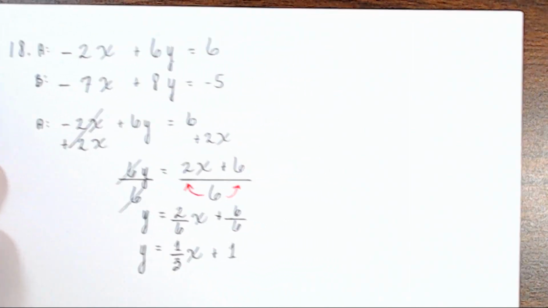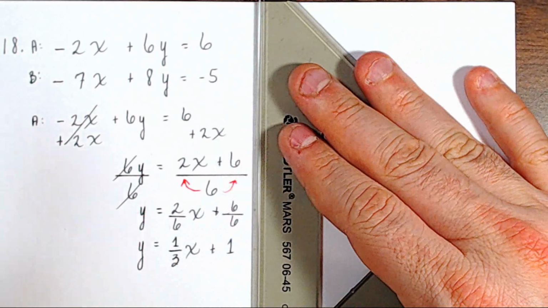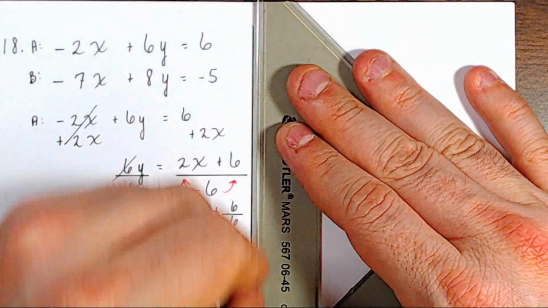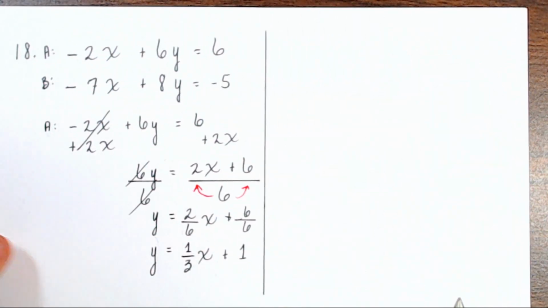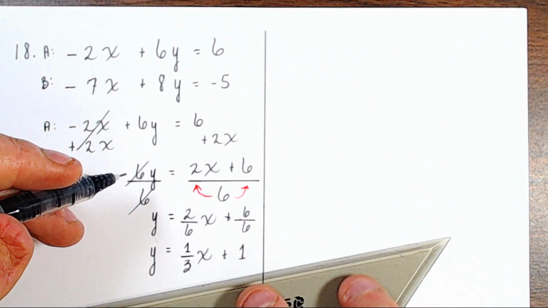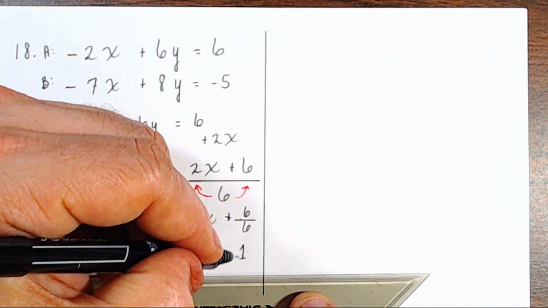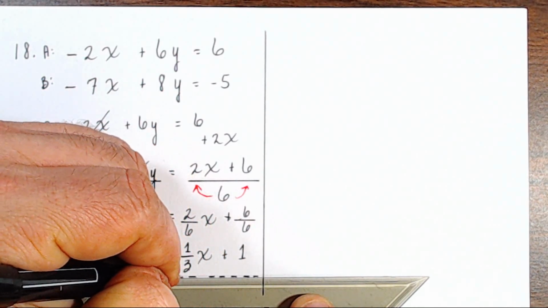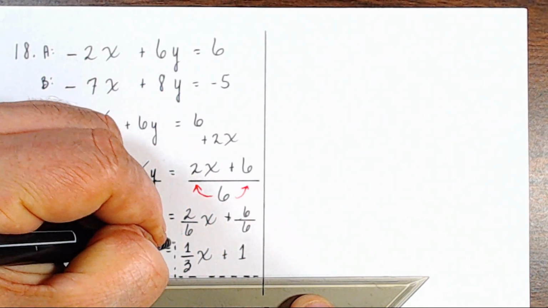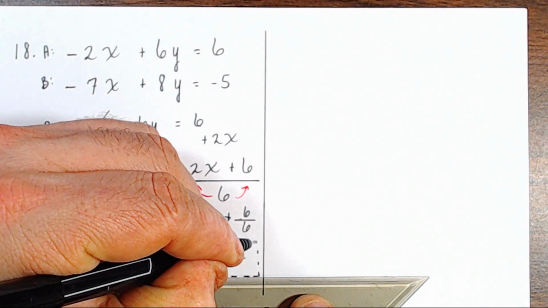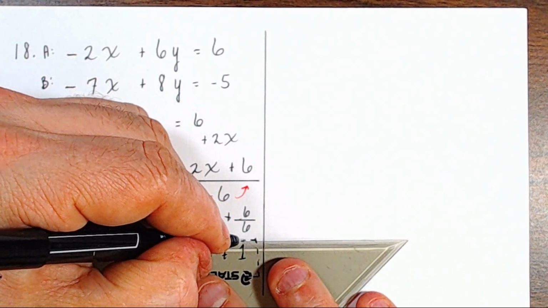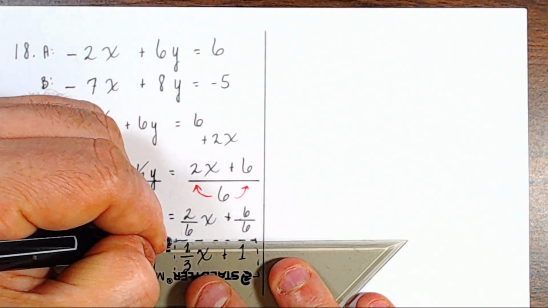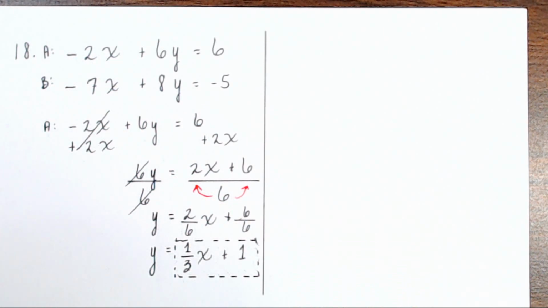So I'll just make a little divider line on my paper here. And what I'm going to do is I'm going to kind of copy and paste. Or cut and paste. I'm going to clip this out of here. And everywhere I see a y in my second equation, I'm going to put that whole thing.